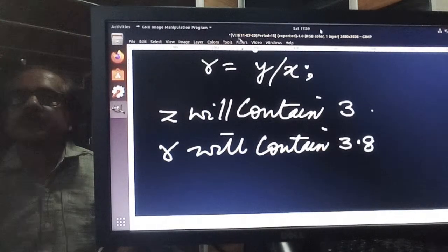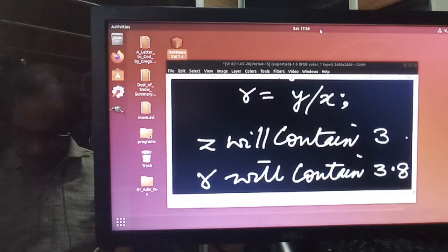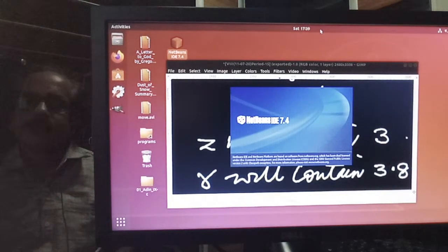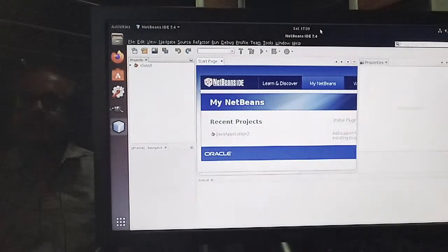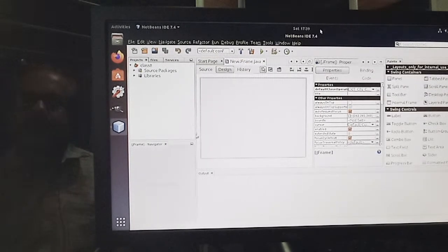Let us have a look at this also. I am starting NetBeans today. I think you are seeing the IDE screen properly.